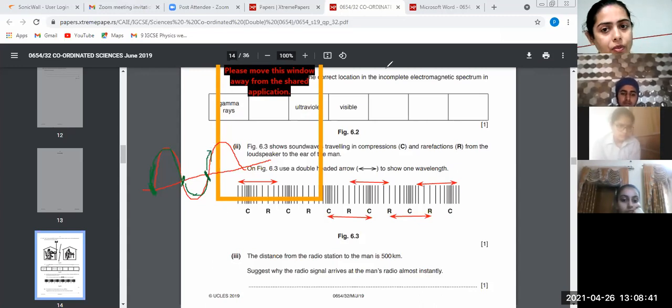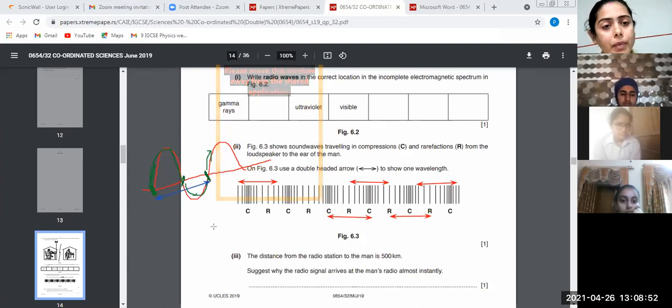Fine. So what is the wavelength? This one is the wavelength. The complete part till where the repetition does not exist. It can be one complete crust, one complete trough. It can be crust to crust.